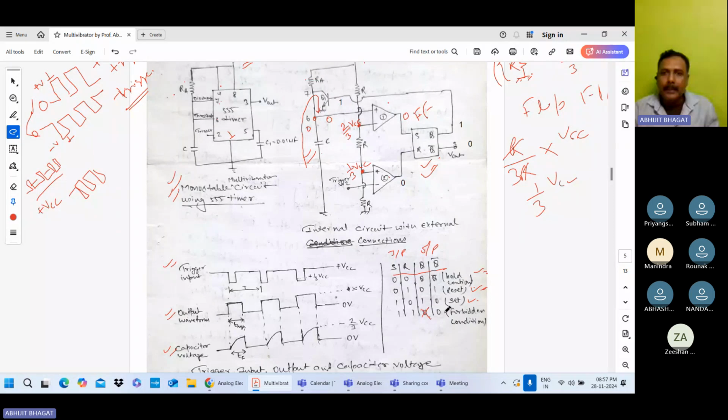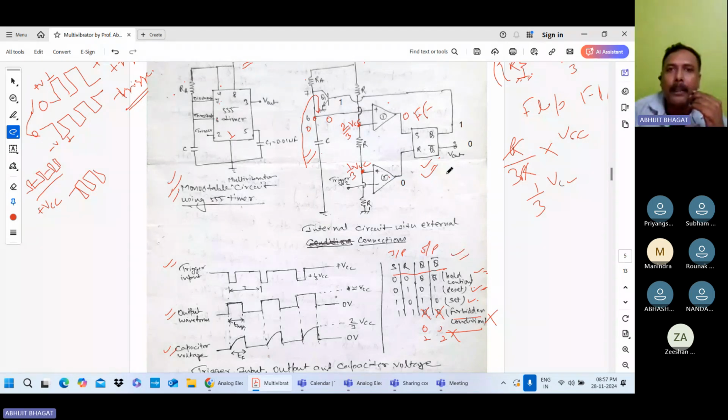Don't care in the sense both Q and Q bar will try to get the same values, meaning either both want to be zero or both want to be one, which is impossible. So it is a forbidden condition, this state is not used. Both S and R being 1 1, it is a forbidden condition. So this is the truth table of the SR flip-flop. Here we are using the SR flip-flop, so that's why we discuss the truth table of SR flip-flop.